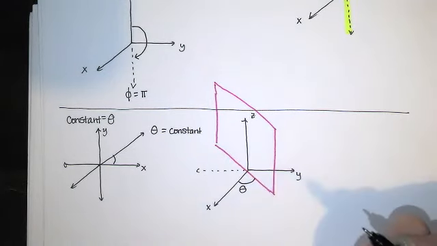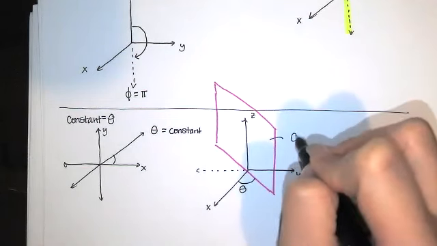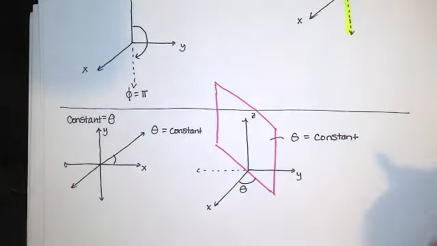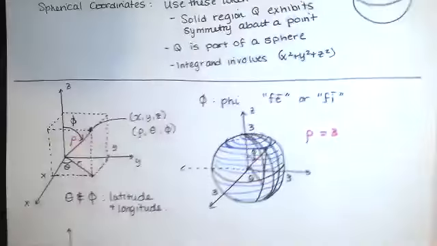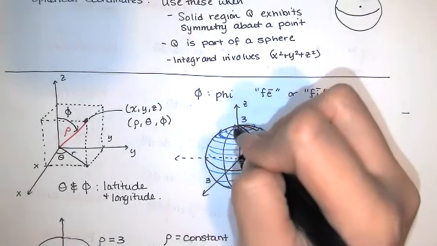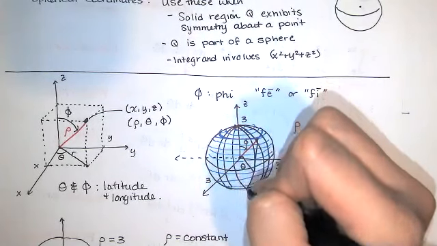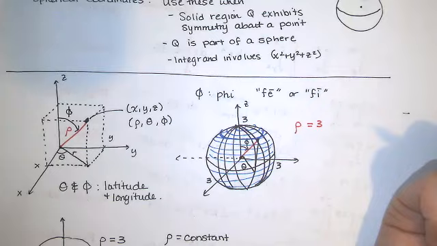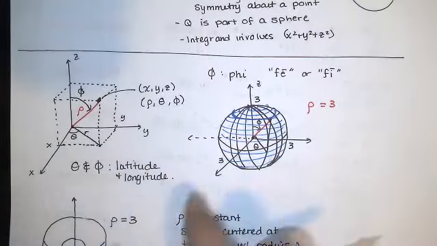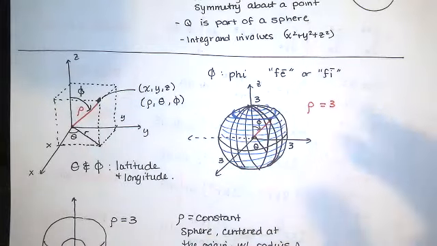And that's theta equals a constant. So when theta is equal to a constant and that intersects a sphere, we get all of these lines. I was trying very hard to draw those lines, but unsuccessfully. So it's like latitude and longitude, and rho is giving us the radius of that sphere.